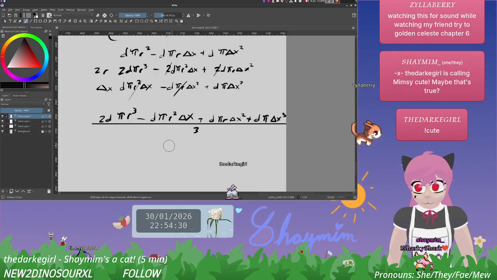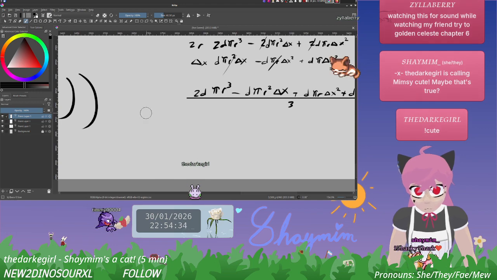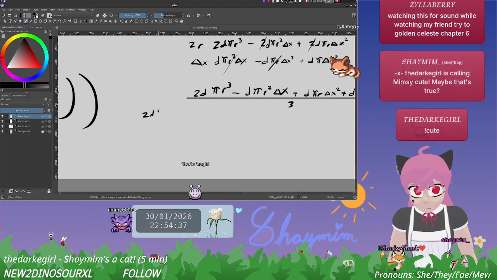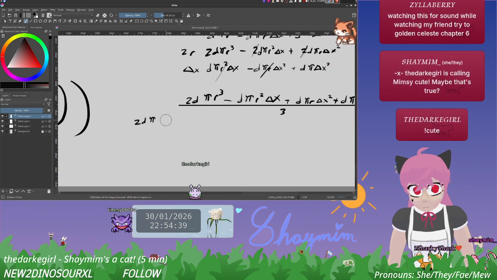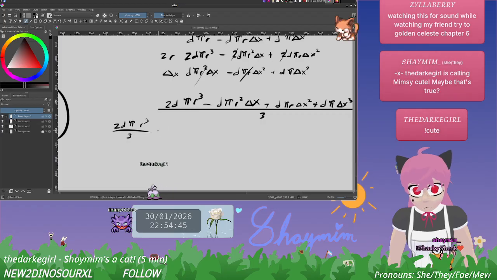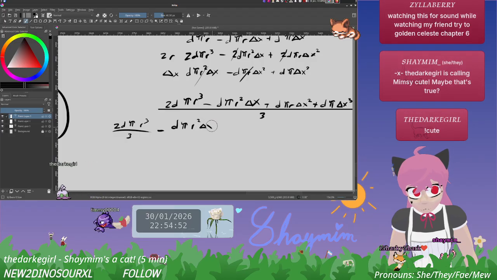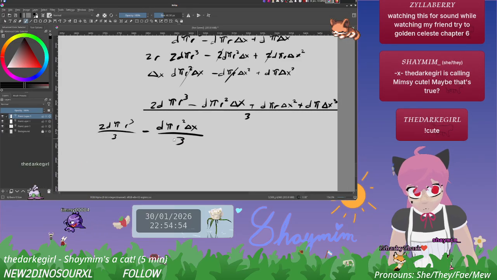So I guess we can split them up into their own fractions and see if that helps anything. We have 2d pi r cubed over 3. We have minus d pi r squared delta x over 3.